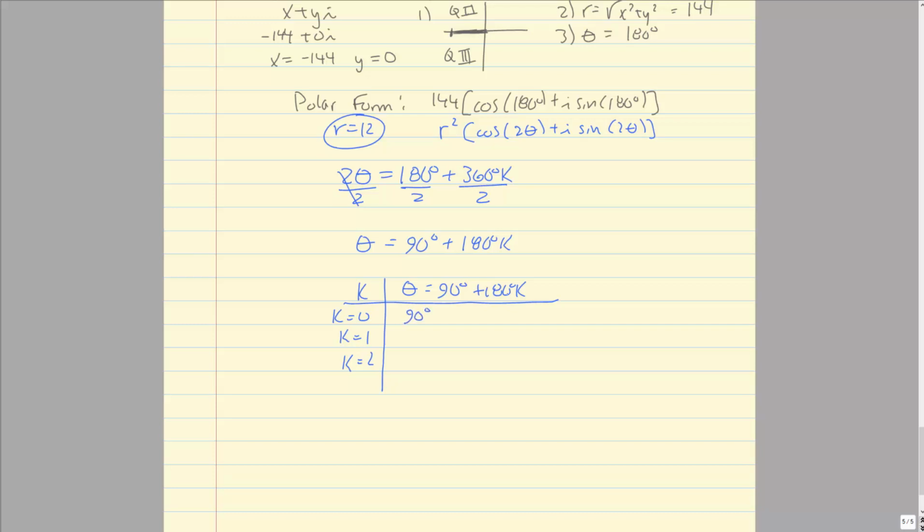If I plug in k equals 1, I get 180 plus 90, which is 270. And if I plug in k equals 2, I get 180 times 2, which is 360, plus another 90 would be 450. And again, I've gone one full spin around the unit circle, and I always make sure I find the one that's beyond, so I know that I'm done checking, and I will use these for the solutions.